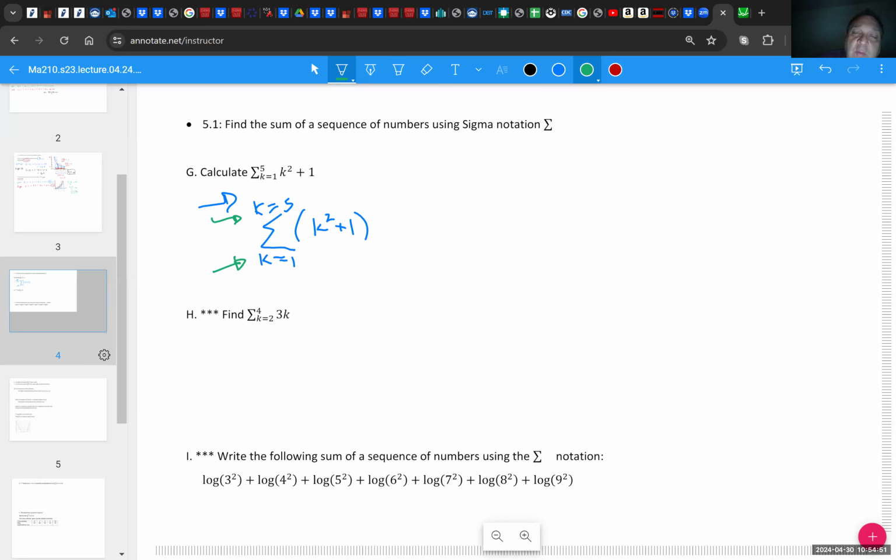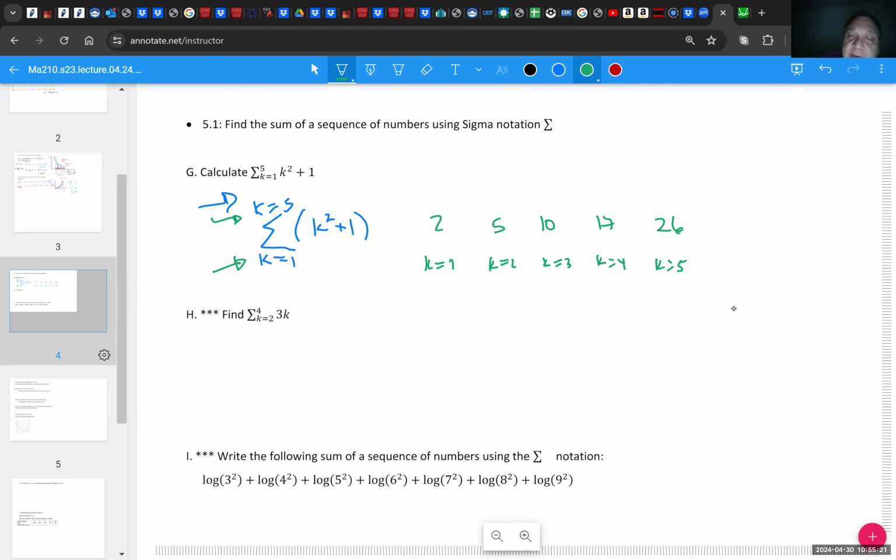For k equals 1, that would be 1 squared plus 1, which is 2. For k equals 2, I would have 2 squared plus 1, so that would be 5. For each k value, I'm going to put it into the formula and just compute the value. 4 squared is 16 plus 1 is 17. And then I stop at 5, which would be 26.